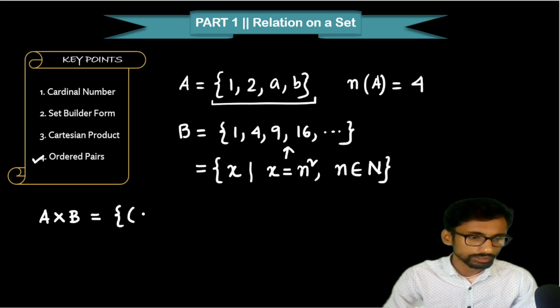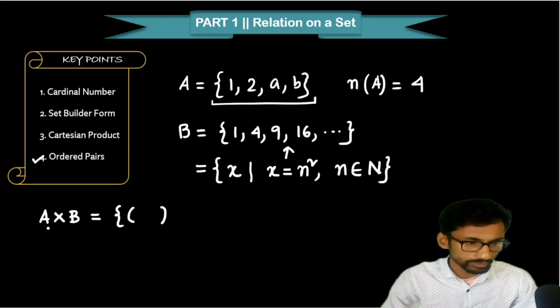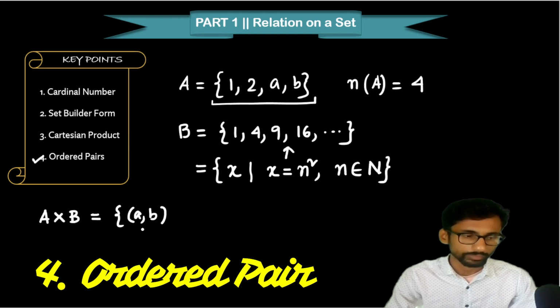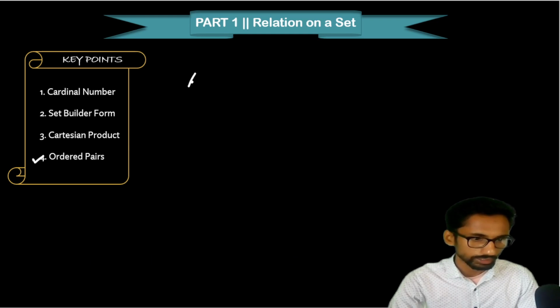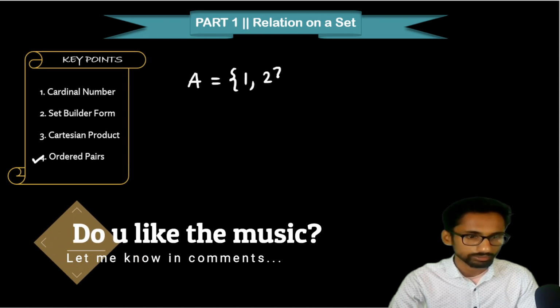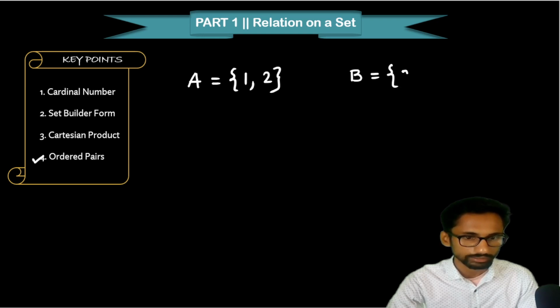This ordered pair is a combination of 2 elements where the first element is taken from the first set and the second element is taken from the second set, and this combination will be called the ordered pair. So for example, we have 2 sets, A = {1, 2} and another set B, it contains elements a, b.